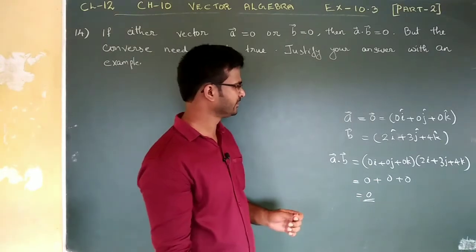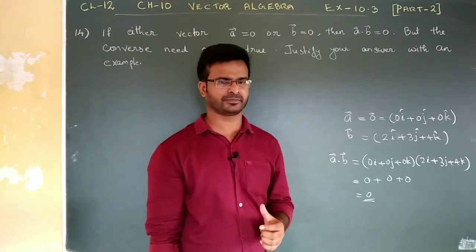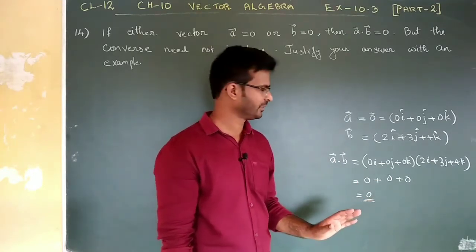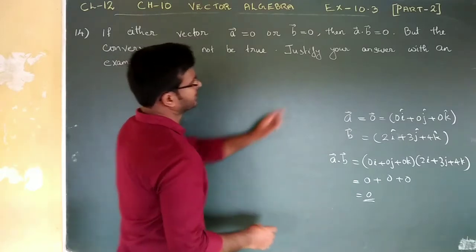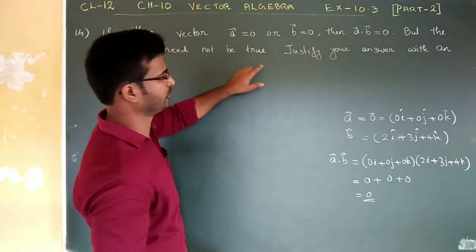So if vector A or vector B is a zero vector, when you take the dot product, you will surely get 0. But check the second part: the converse need not be true.